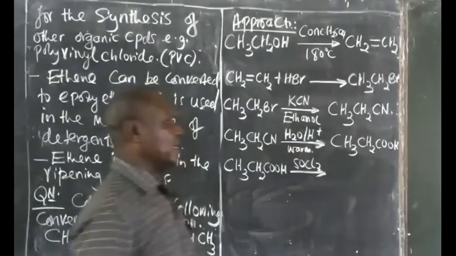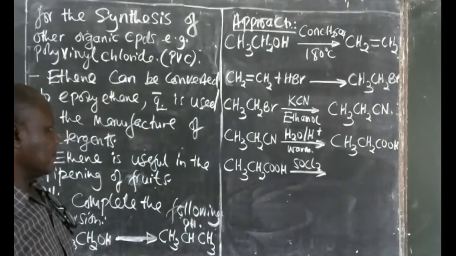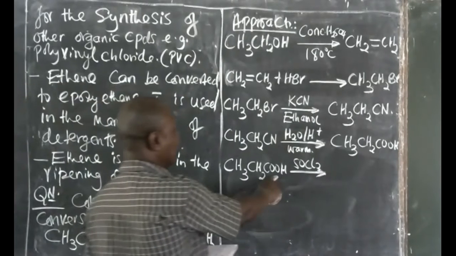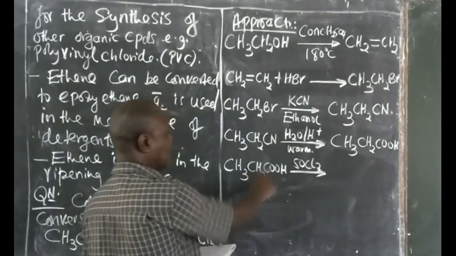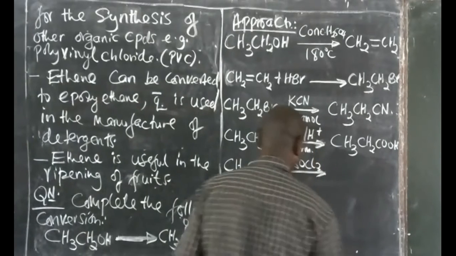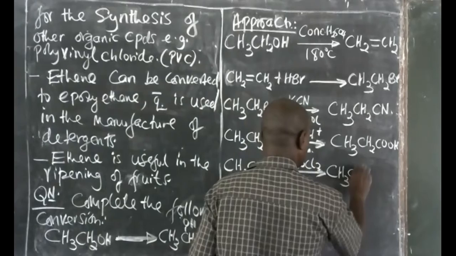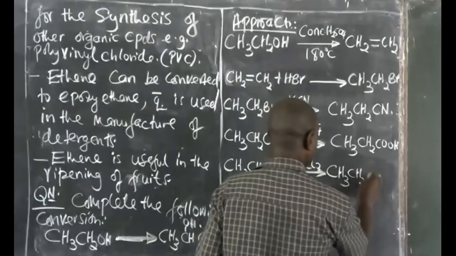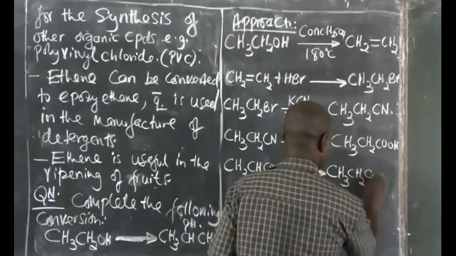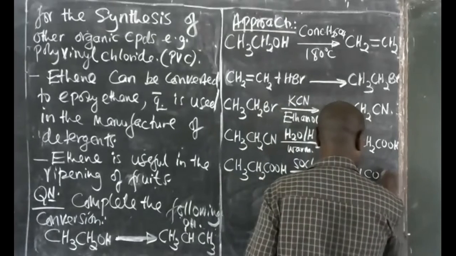Good one. Cyanide. So after that, this one we are going to remove one OH and we are going to have what? An acyl chloride form, which is going to give us CH3CH2COCl.